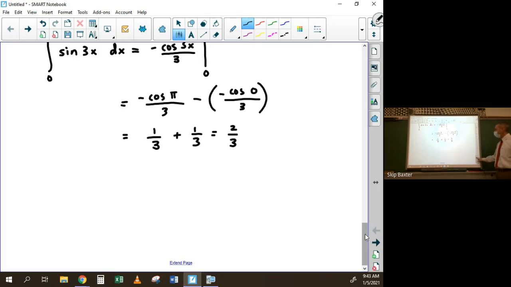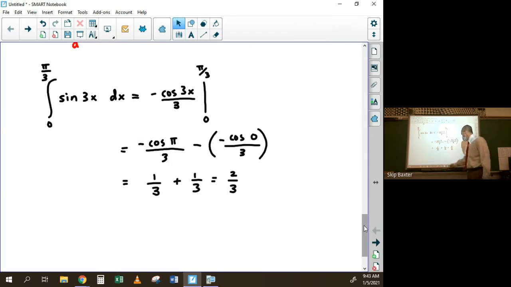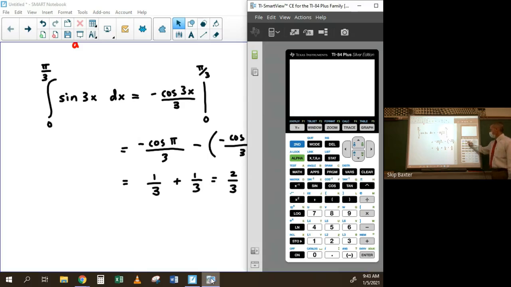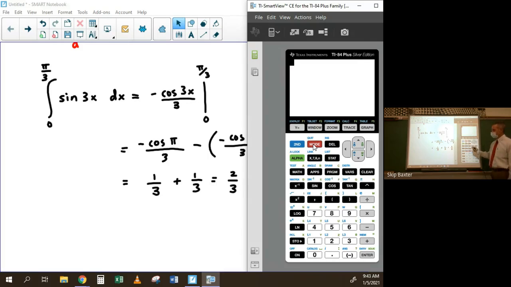And remember, your calculator will do definite integrals for you. So just as a reminder of how that works, let me make sure that the mode is in radians. It is. So there's two ways to do it. From the main working screen, you can just do math 9, which is definite integral, and you just type this stuff in. So the integral from 0, then press the up arrow to pi over 3.